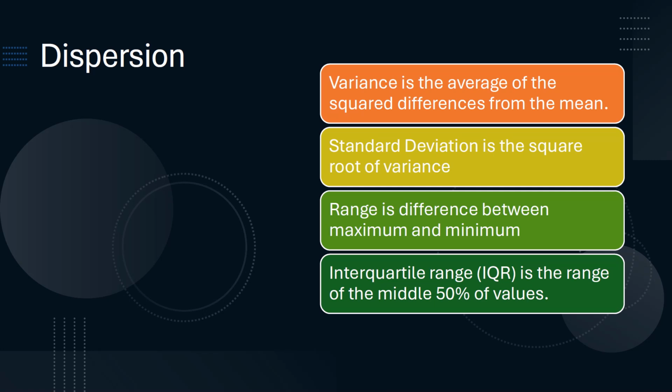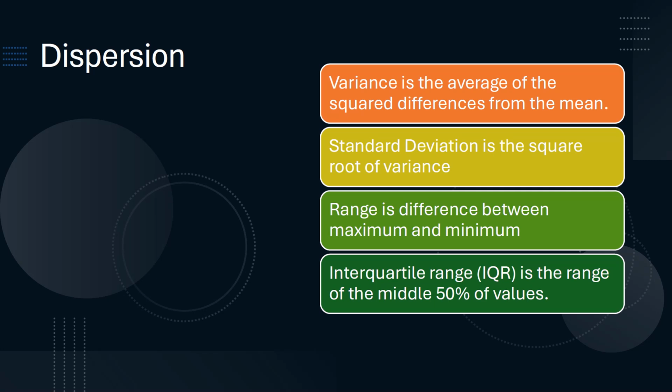Variance is calculated by finding the relative distance of the data from the mean, which is squared and averaged. Since the differences are squared, the scale of data and the measure of dispersion are in two different scales. To bring it back to the original scale, we find the square root of variance, which is called standard deviation.